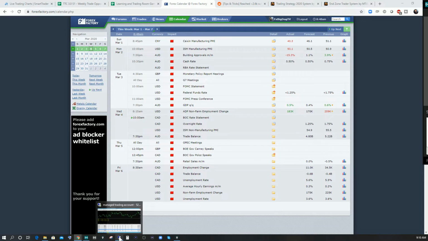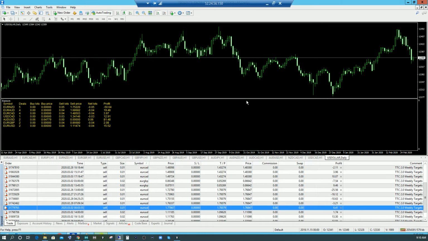All right, so let's go ahead and take a look over here. These are the trades that we currently have open. At the moment, I've got New Zealand, US dollar New Zealand. We've got 5 setups or 5 trades right here. We're in the red on that one. We're in the money on Euro Aussie. We're up in the money on Euro Aussie. Euro CAD, we are in the money.